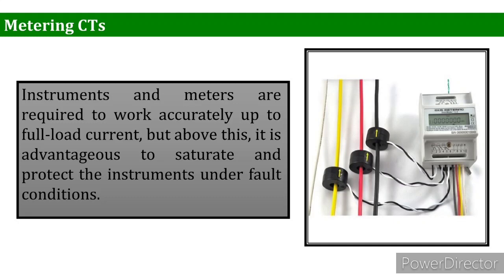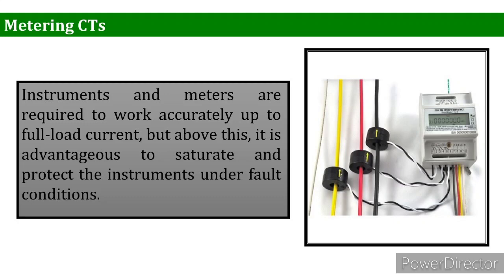Metering current transformers are used with measuring instruments such as ammeters, voltmeters, and kilowatt hour meters. There are two purposes of using metering CTs. Number one is to isolate the instruments from the power circuits, and the second one is to standardize the instrument.